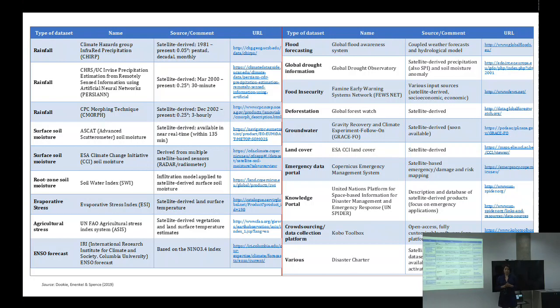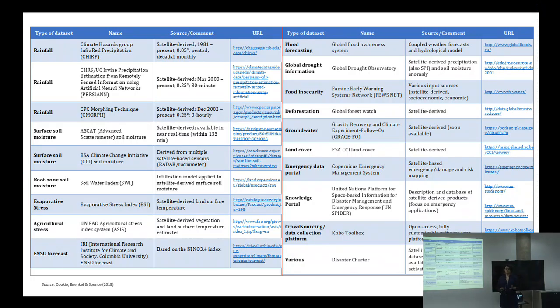Another thing that we did was create a massive database of climate information products that could be used for different decisions in the entire Caribbean. For example, you see there's a lot of rainfall, different types of rainfall source, satellite sources. We have surface soil moisture, forecasts, global drought, flood forecasting, food insecurity, emergency data, knowledge portal.